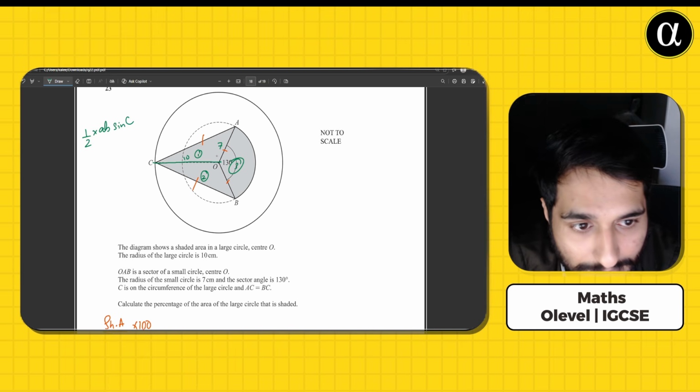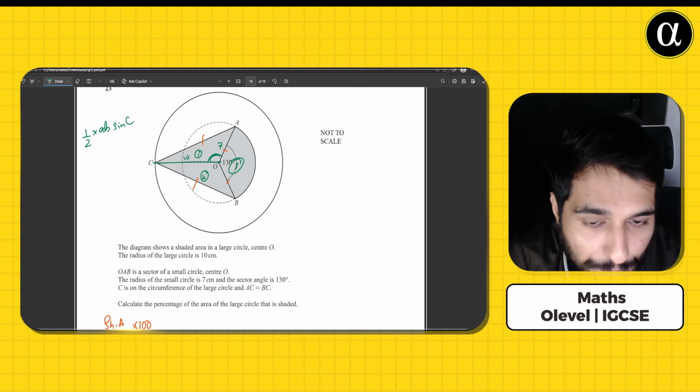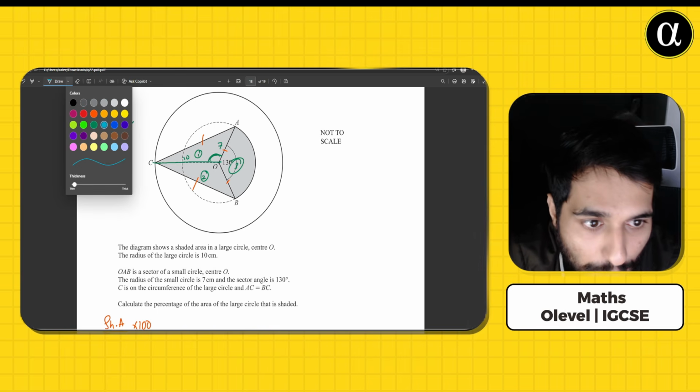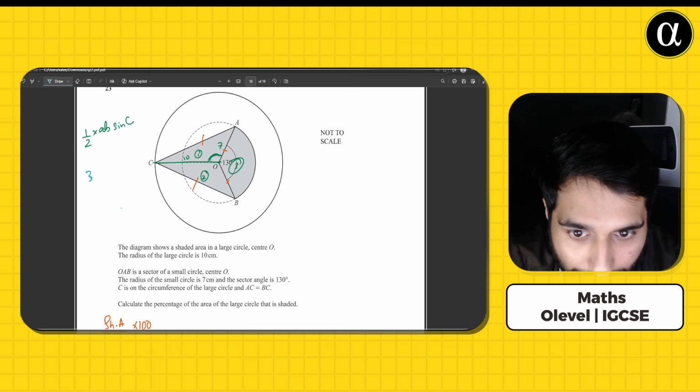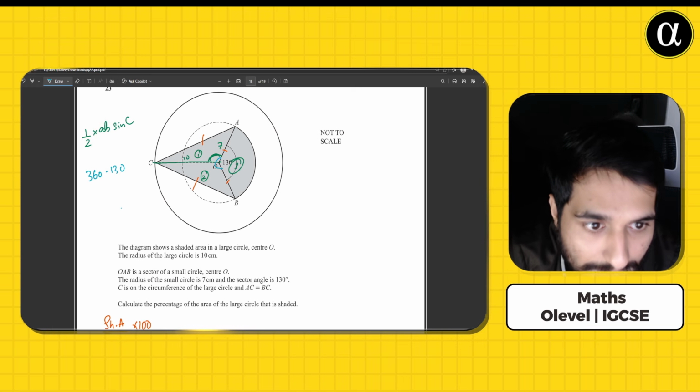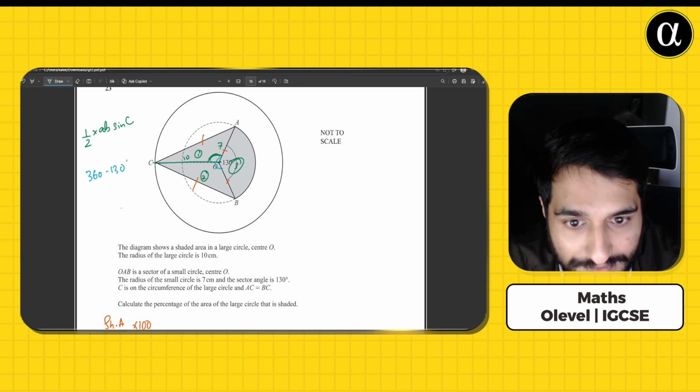For that, we need the angle between the two radiuses. What I'll do is subtract 130 from 360. I will get the sum of these two angles, and the next step is to divide it by 2 to find one such angle.